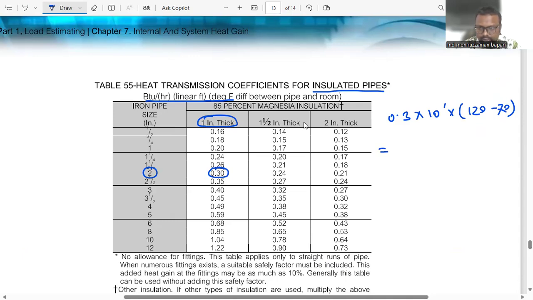So total heat incurred is, let's calculate, 0.3 into 10 into 50, which is 150 BTU per hour.